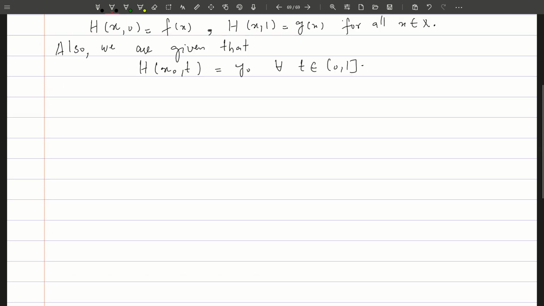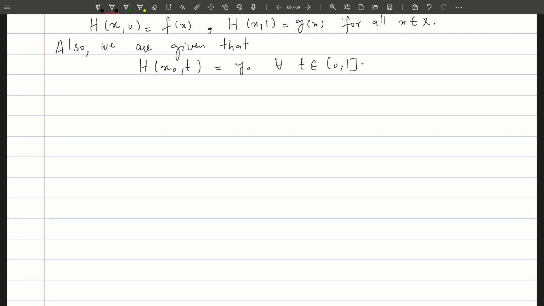So we are given that this x naught remains fixed during this homotopy. Now what we have to prove? We have to prove the maps f star and g star are equal.